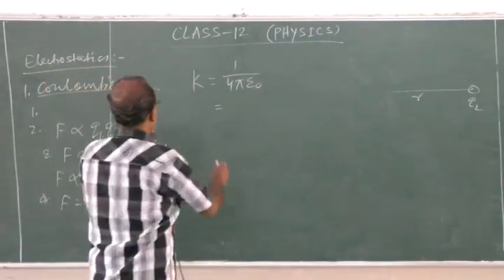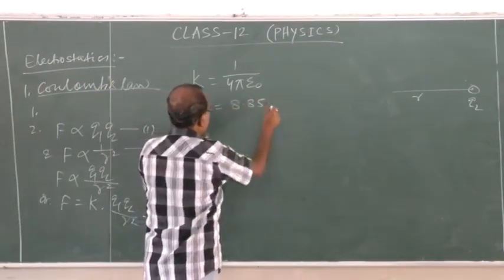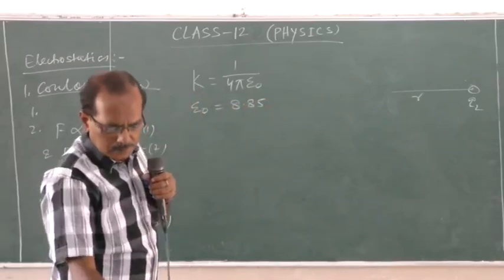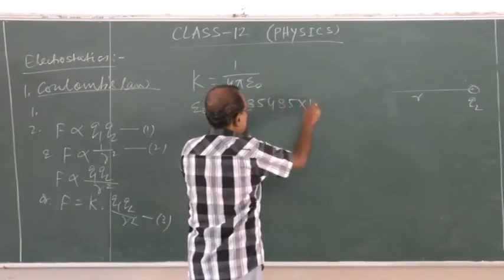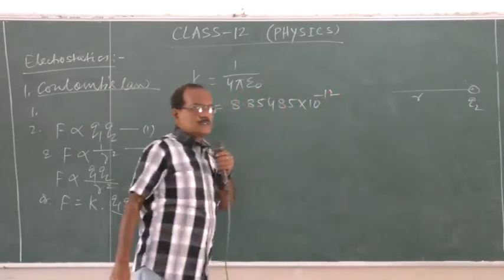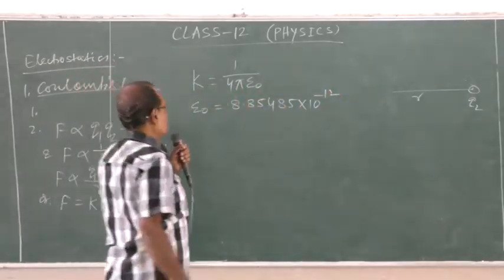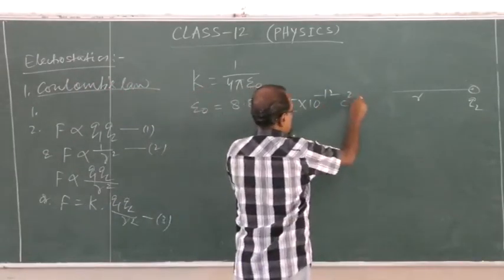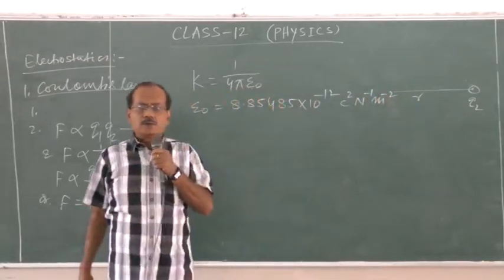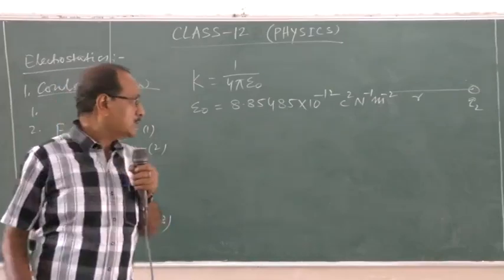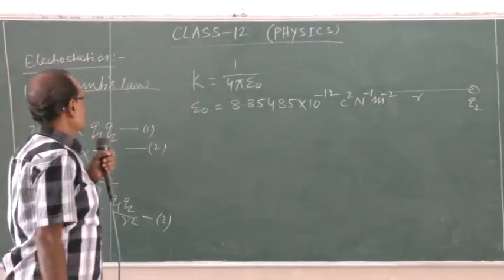Its value is epsilon naught equal to 8.85485 into 10 to the power minus 12 Coulomb square per Newton per meter square, that is Coulomb square, Newton to the power minus 1 and meter to the power minus 2.